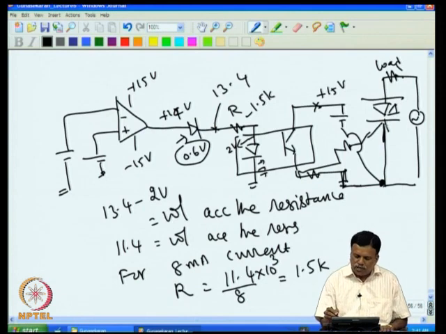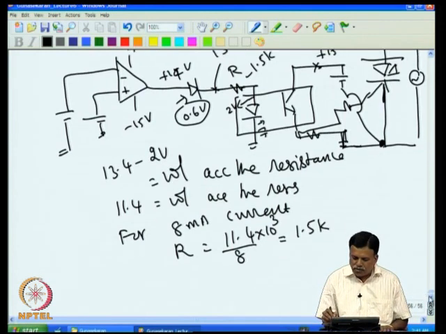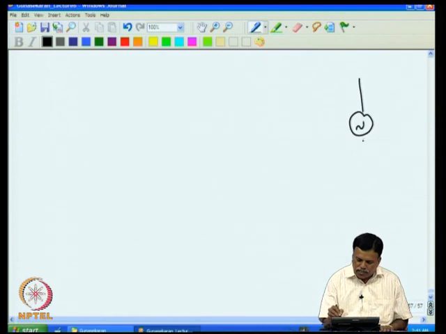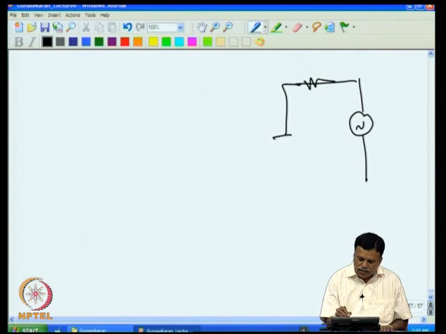Now this is a very rudimentary circuit. This can be improved by putting a Darlington pair, because of the current required. So if I redraw the drive part of the triac, you have this, and then you have the load, and then you have the triac.